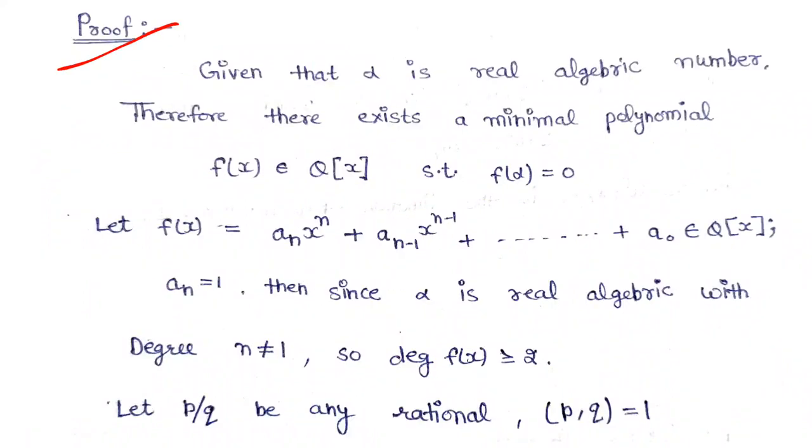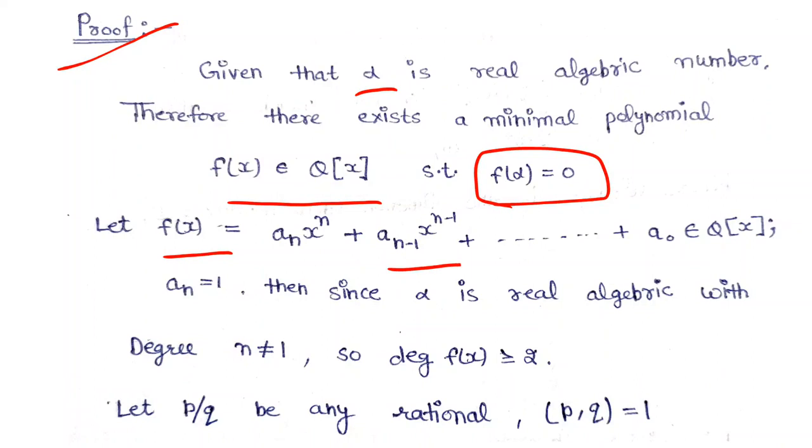Proof of this theorem: given that alpha is a real algebraic number, there exists a minimal polynomial f of x belonging to Q of x such that f of alpha equals 0. Let f of x equal a_n x^n plus a_(n-1) x^(n-1) plus up to a_0, belonging to Q of x, with a_n equal to 1.